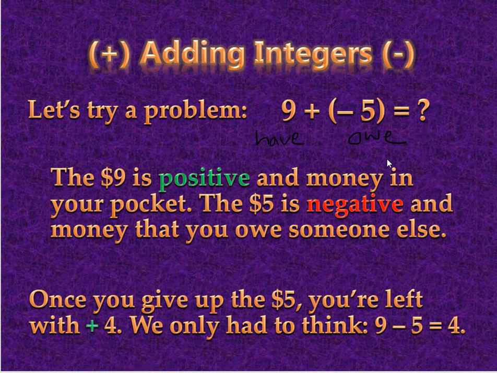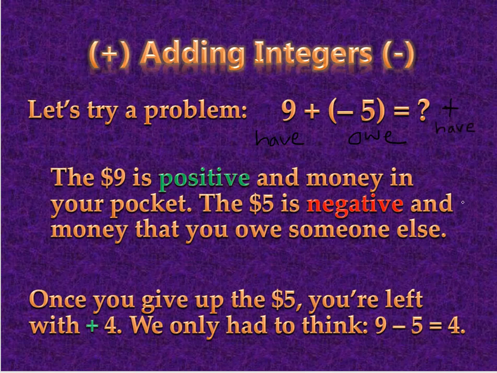So when you look at this problem, before you even figure out your answer, I want you to decide if when you combine these two, are you going to end up having money or owing money? Okay, so if you have 9 and you owe 5, when you end up combining those, you know you're going to end up having money, right? You're going to end up in the positives.